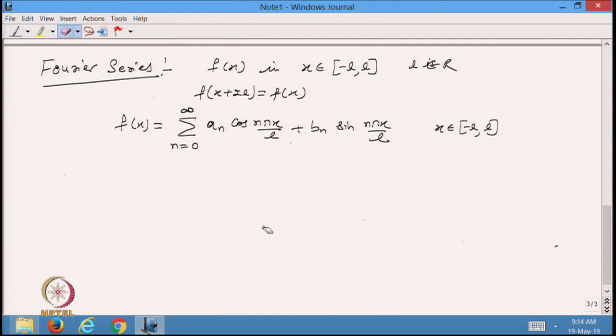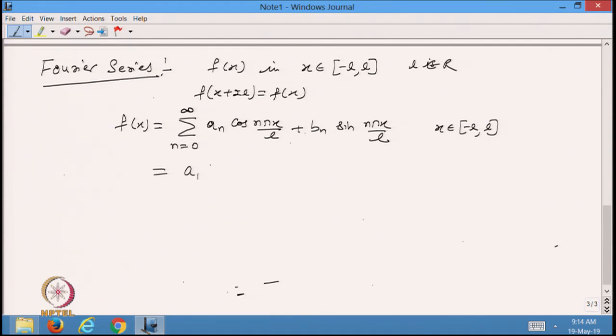So, now from here I have this series. If you expand this series and put n equal to 0, cos 0 is 1, so I will get the value of a 1. If I put n equal to 0, sin 0 is 0, so b 0 can be any value.